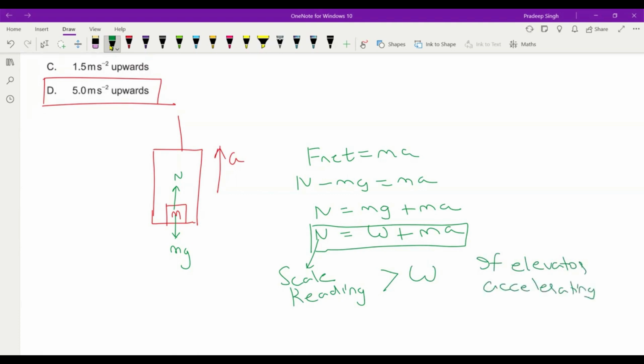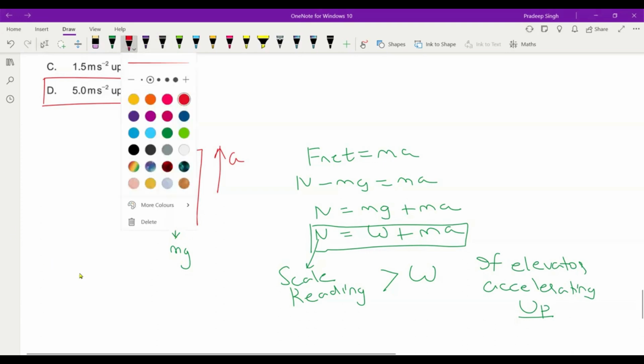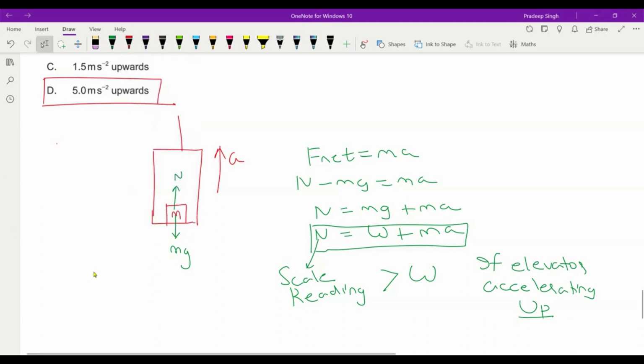So if they ask for tension, it would be the same, right? mg plus ma. One sec. Whenever we draw the free body diagram, you draw it for a single body. In this case, this is the free body diagram for small m. Now if you employ the same concept for the entire elevator itself, on the elevator, how many forces are acting?